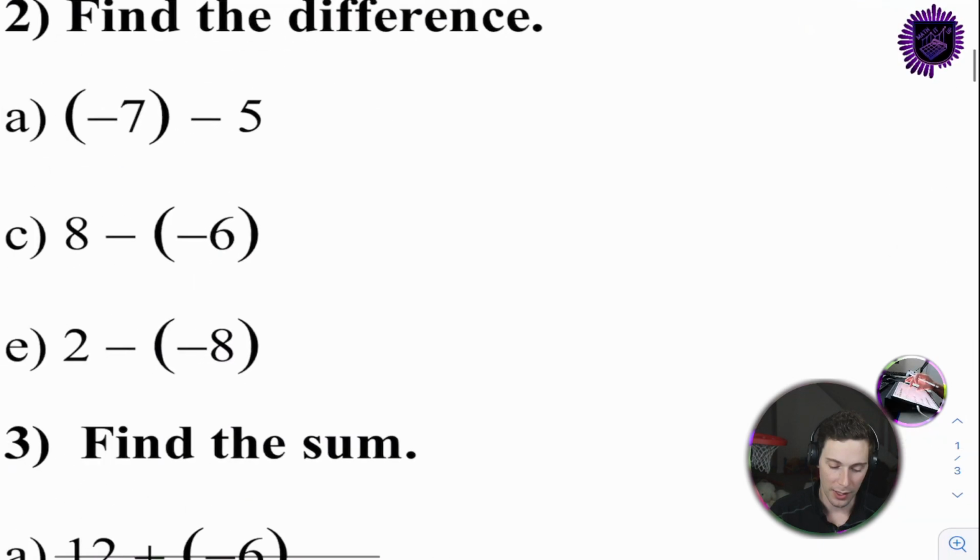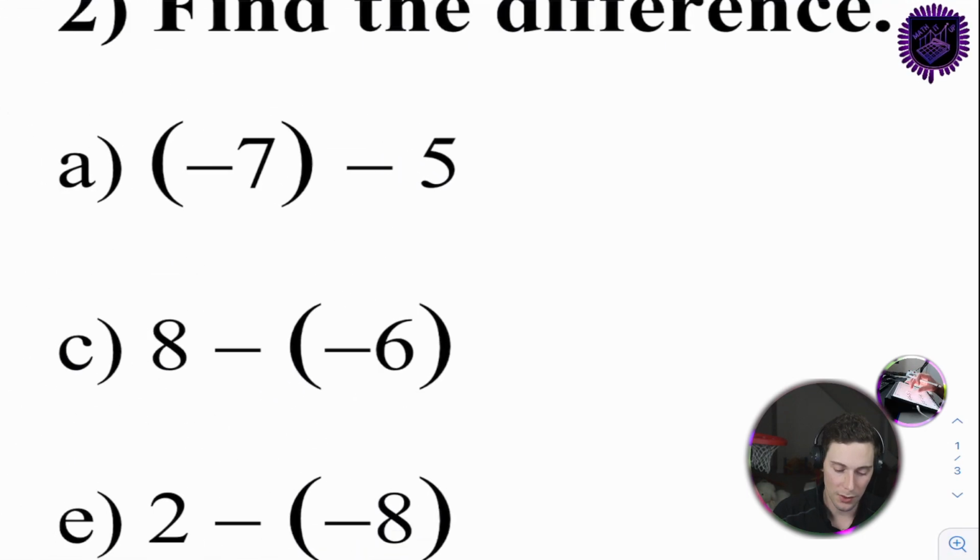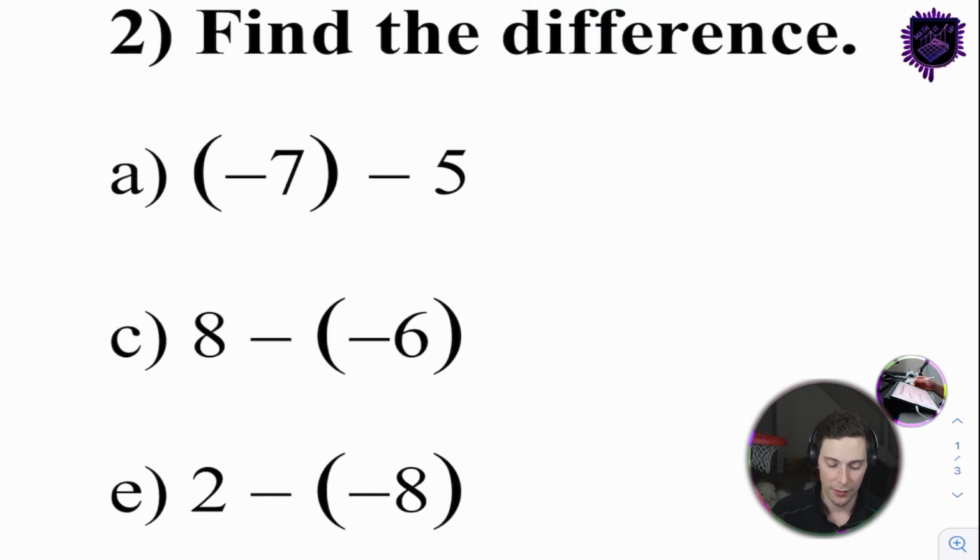Now, finding the difference. So all of these next numbers are subtraction problems. So it's going to be thinking a little bit differently about these. So negative 7 minus 5. So you're minusing a positive, so you're moving left down the number line.